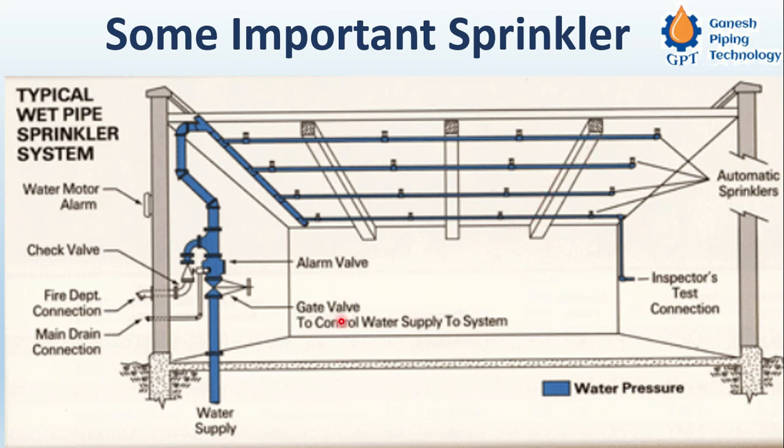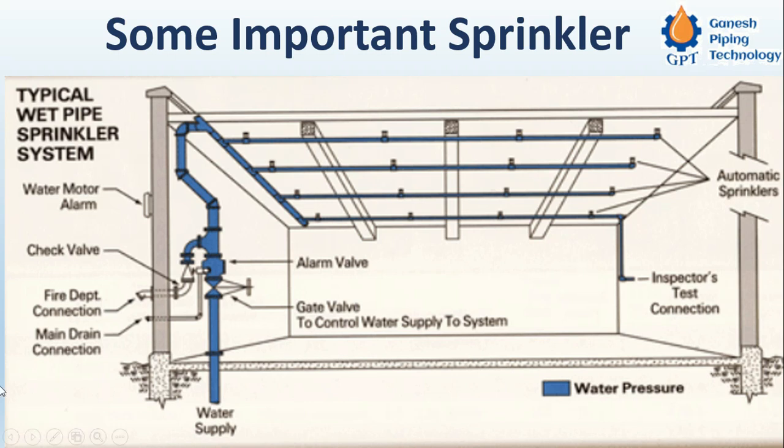So what happens if there is some fire or flames in a particular area? Say this is some 1,000 square feet area. At a particular location, if there is a fire, then the temperature of that area will start increasing.